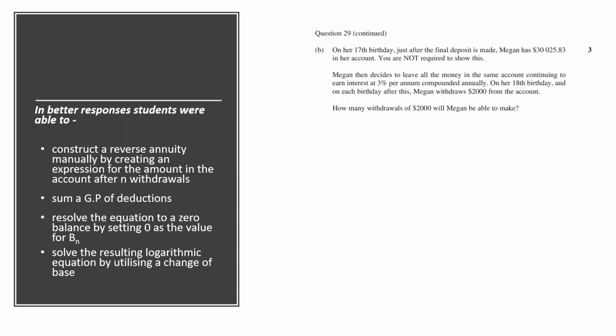Then they had to resolve the equation to a zero balance, so they had to find out when the balance would equal 0. Finally, they had to solve the logarithmic equation, which did utilize a change of base, and it was a difficult process for students, but we had a large proportion of students who were able to handle this question quite well. So congratulations to all those students who were able to handle this question.